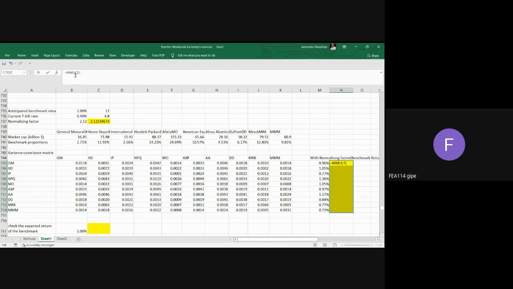So what I have to first use is this variance covariance matrix, because this was in our formula for the benchmark return. So I've used this. And then remember one thing: this is a 10 into 10 matrix.